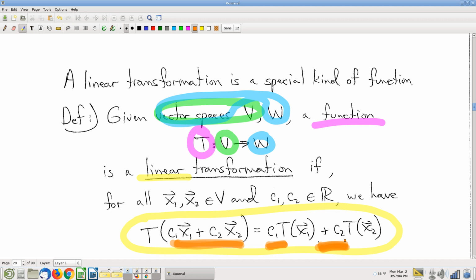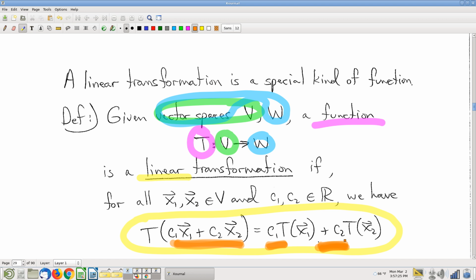Right? So linear combination in, linear combination out. Or I think I used the term, it plays nice with linear combinations. Okay, so those are the three rules. The domain's a vector space, the target's a vector space, and the function satisfies the linearity condition.